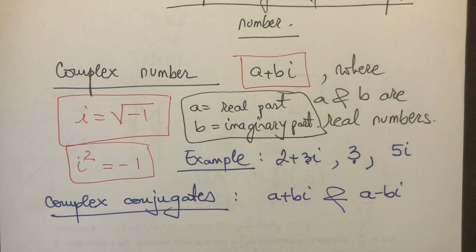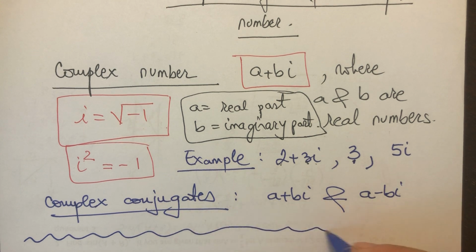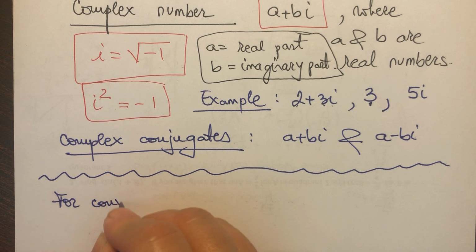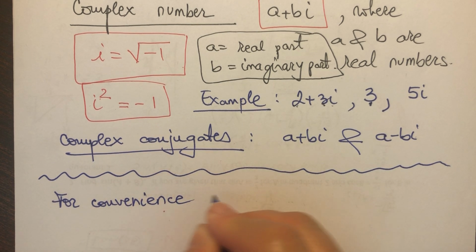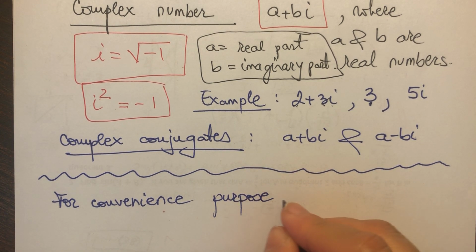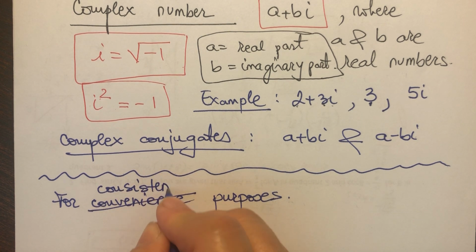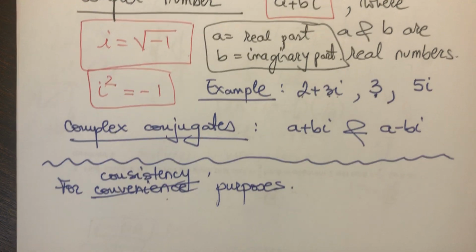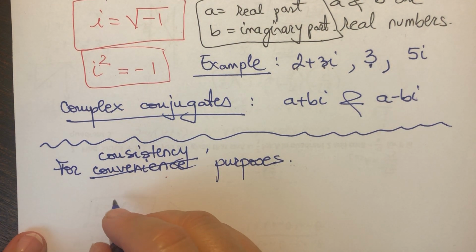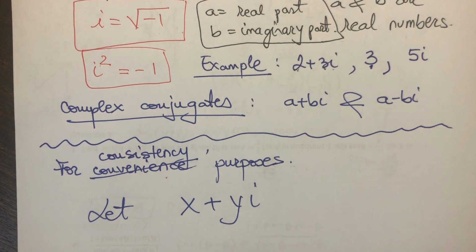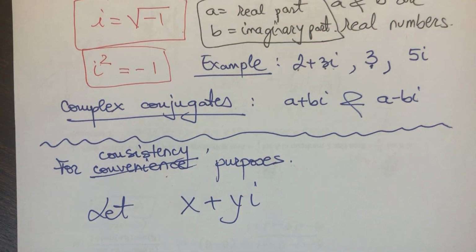Okay, so for consistency purposes, let me write this down. Let's label a complex number not by a plus bi as we did in chapter 2, but by x plus yi.